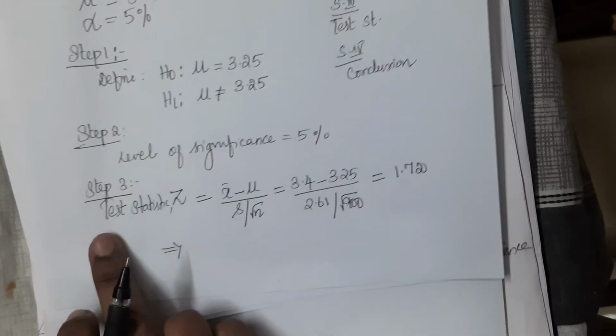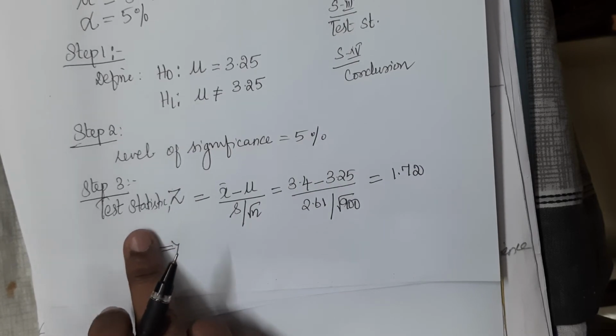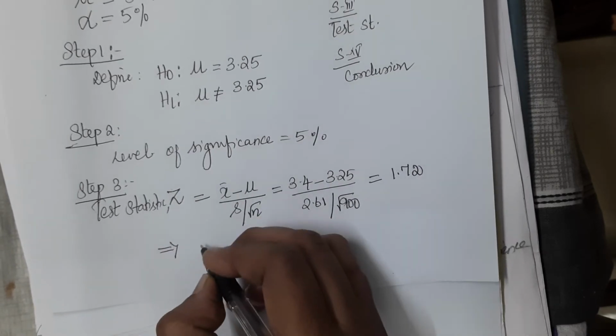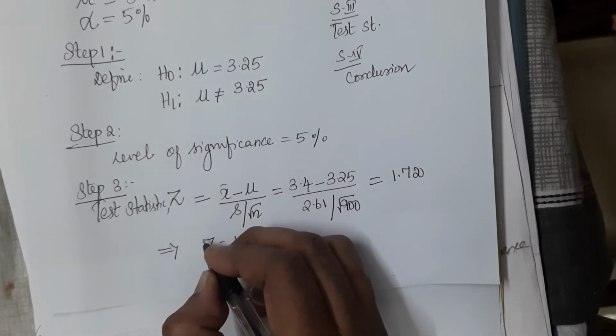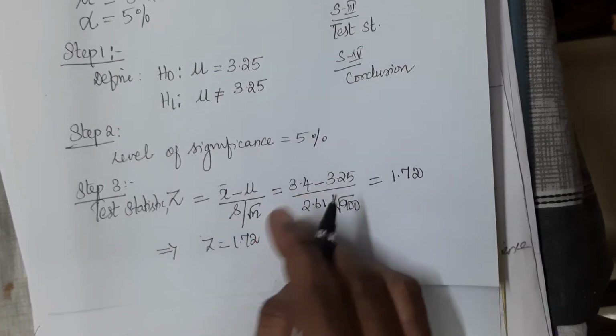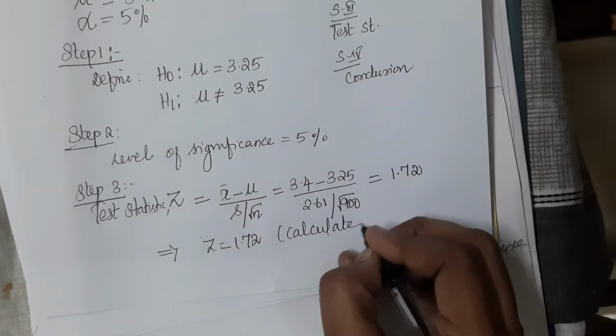So this test statistic, calculated using the formula, is Z equal to 1.72. This is going to be our calculated value or computed value.